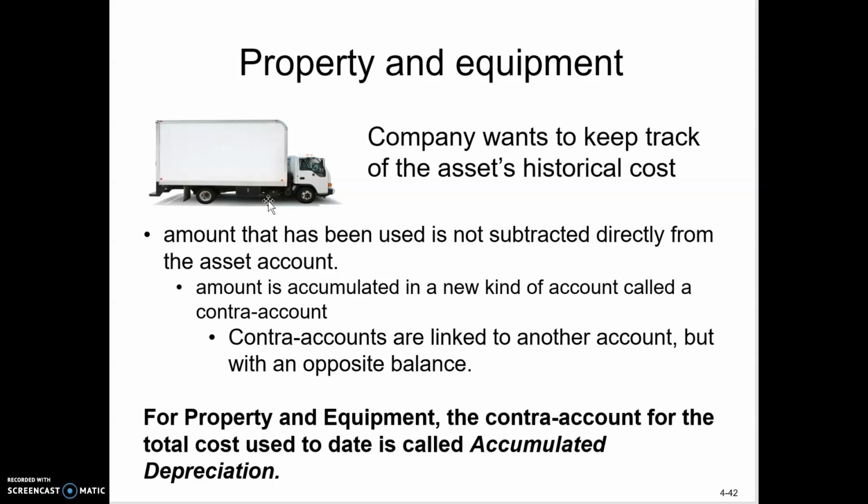A contra account is an account that goes along with a related account, and it gets subtracted from that related account. So this contra account is going to be called accumulated depreciation. So instead of reducing the truck directly, we're going to credit an accumulated depreciation account for the truck.